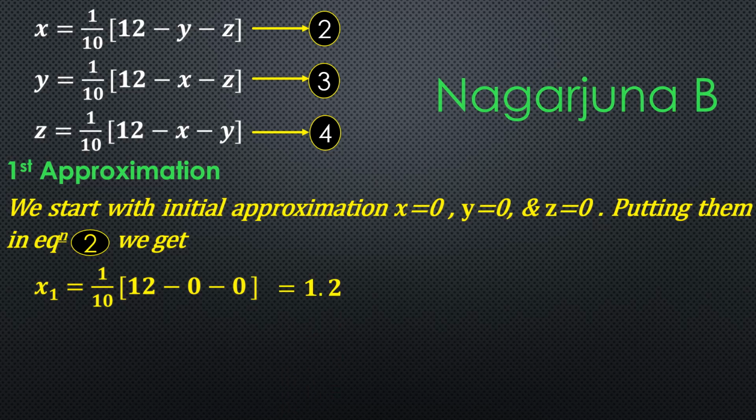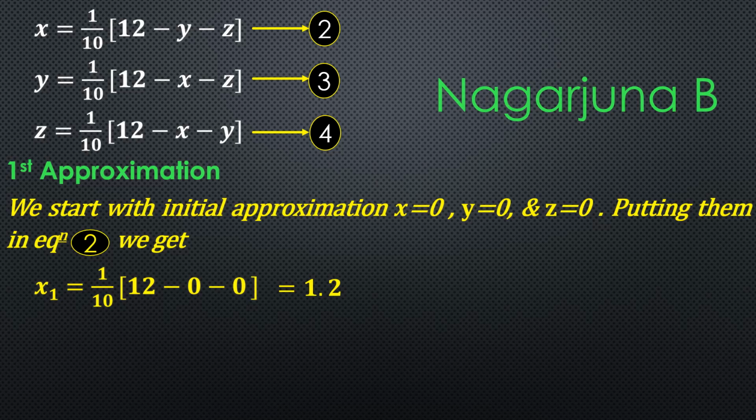Next, we need to find the value of y. So here we need to substitute the value of x and z in equation number 3. In equation number 3, we substitute the value of x which we have got now, that is 1.2, and z as 0.